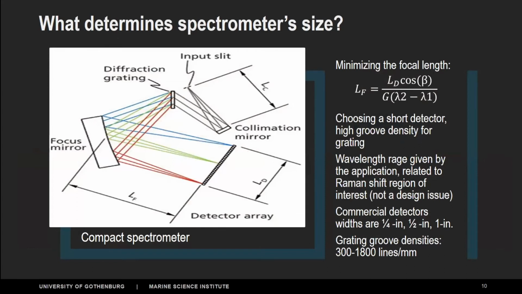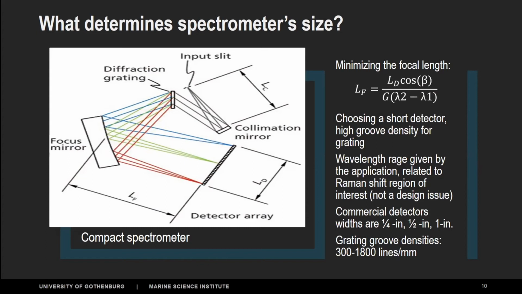Just looking at the spectrometer itself, there are some components that are very important in minimizing the size. One important component is the diffraction grating. It's a unit that has a number of lines per millimeter, so it's called grooves. If we increase that, like you see in the equation, the focal length gets minimized. And of course, we look at the length of the detector.